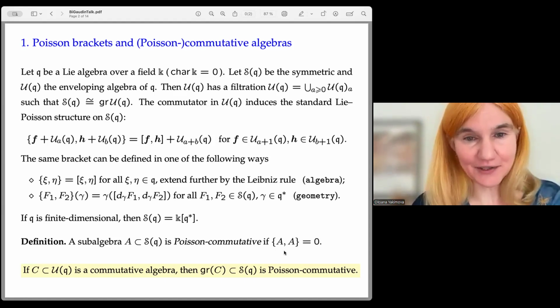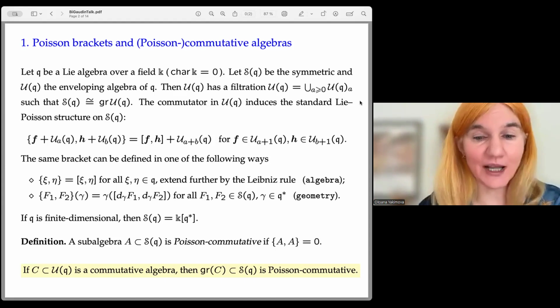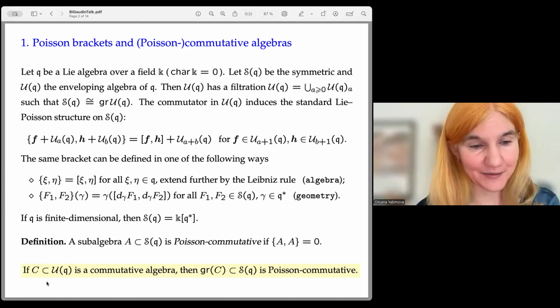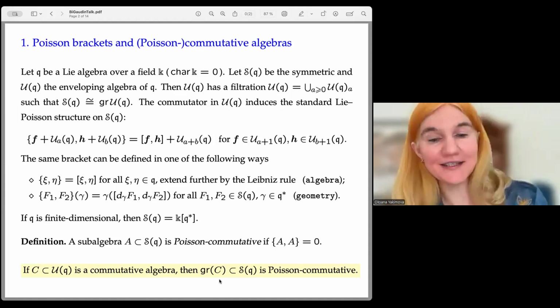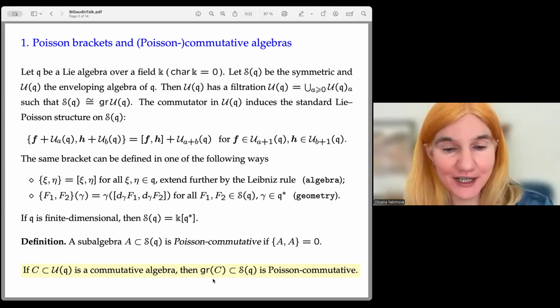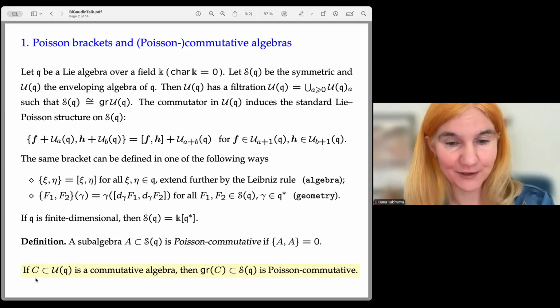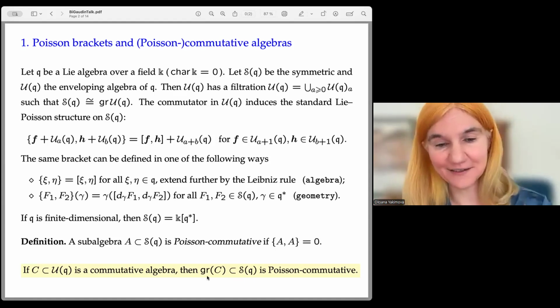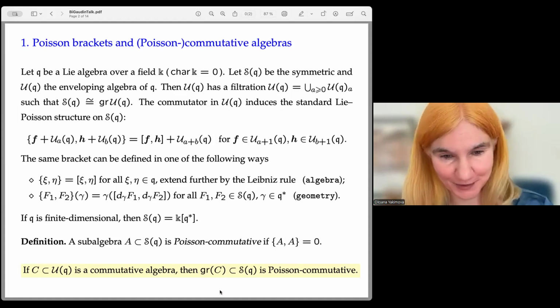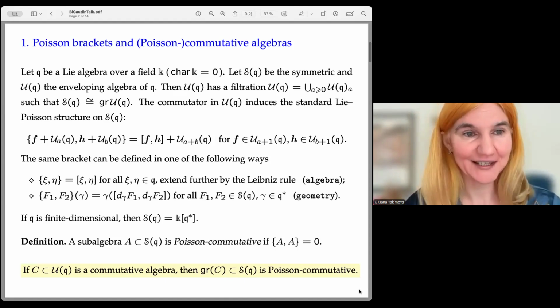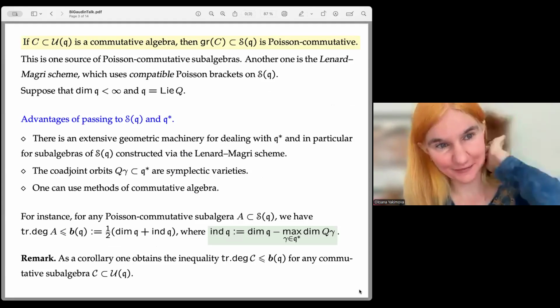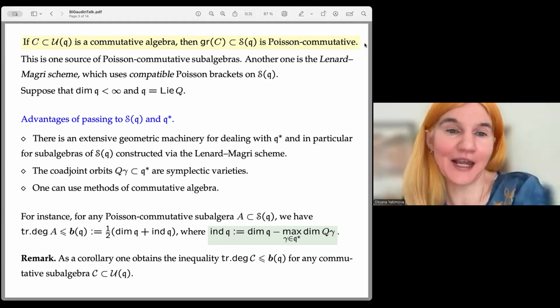And because the bracket comes from the enveloping algebra, if I start with something commutative in U of Q, and take the subalgebra in the symmetric algebra generated by all symbols of elements from C, then this subalgebra will be Poisson commutative. So the bracket will completely vanish in it. So I'll repeat the statement, above in yellow.